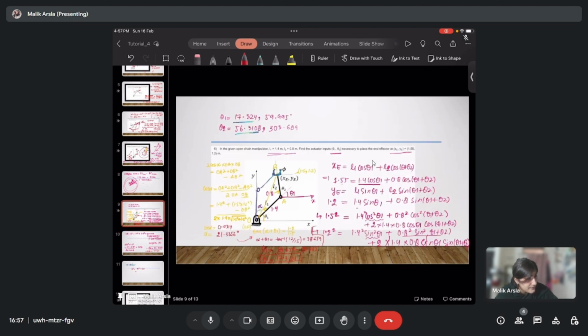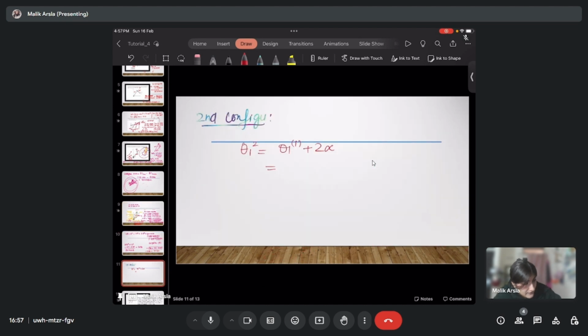It was 17.3214 plus twice alpha. What is alpha? We just calculated, it is 21.3356. So what is this coming out to be? Tell me fast. This is not square, this is for the second configuration. It is 59.995. This is the theta 1.